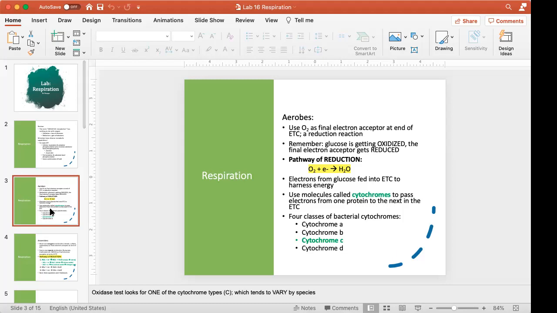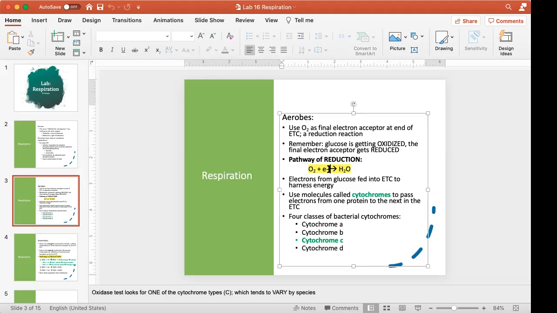The pathway of reduction, in other words, the reaction at the end of it, is that oxygen molecule receiving electrons and becoming water. Now, this equation is not complete, because of course you would also have to add hydrogen in there. But essentially, oxygen is being reduced with electrons, and you're getting water made as the product.